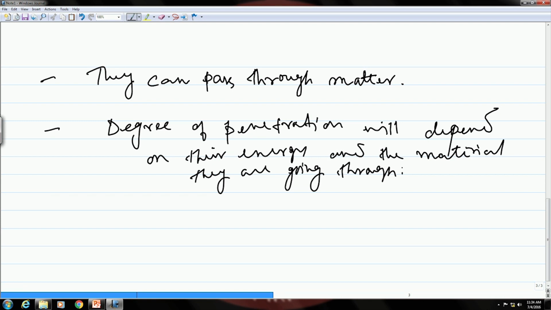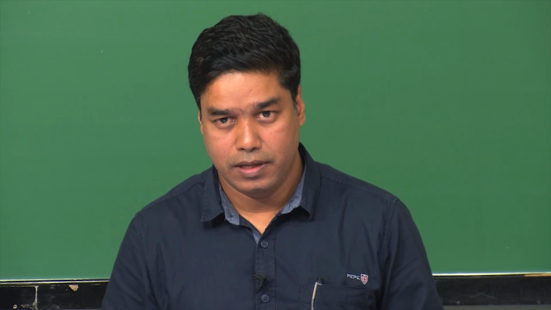Every material will interact with the X-rays, and the level of penetration will depend on the material properties, which we are going to talk about a little later.